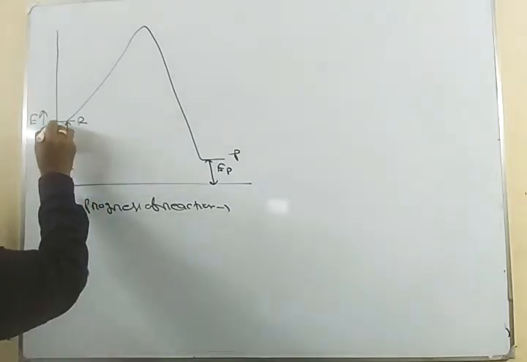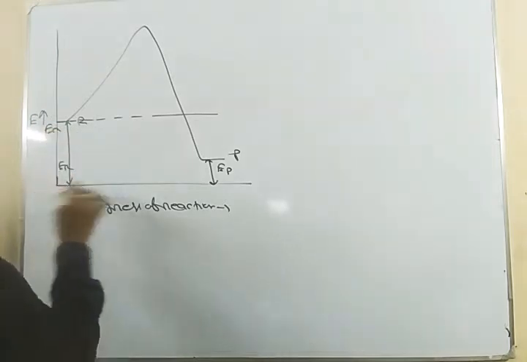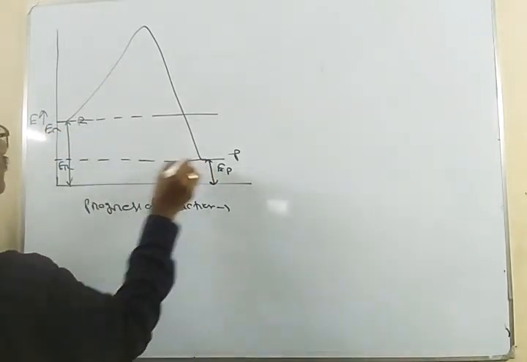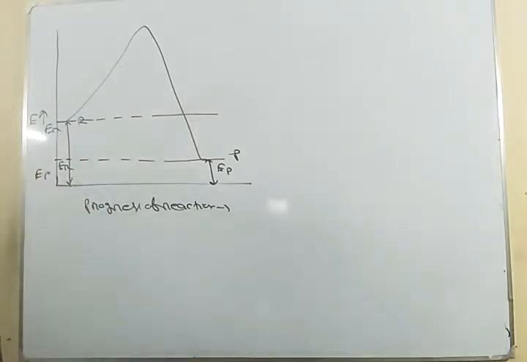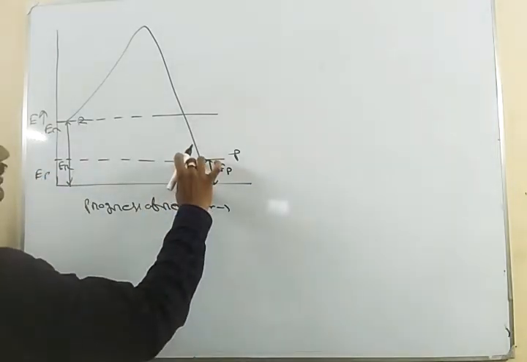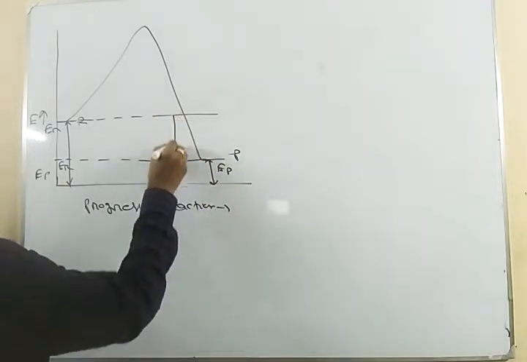So here you see, this is your ER, and this one is your EP. EP minus ER is what?